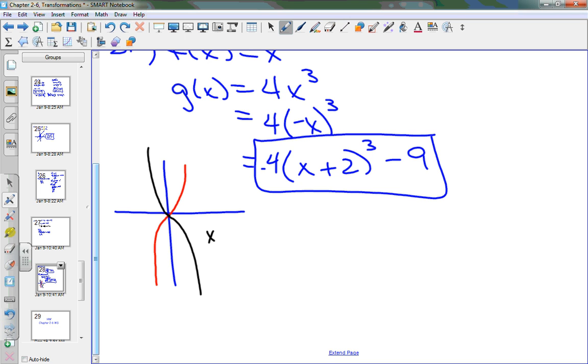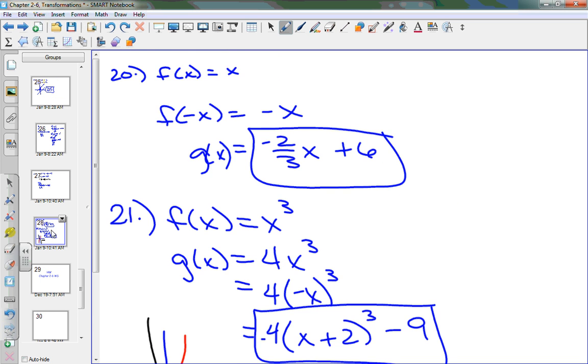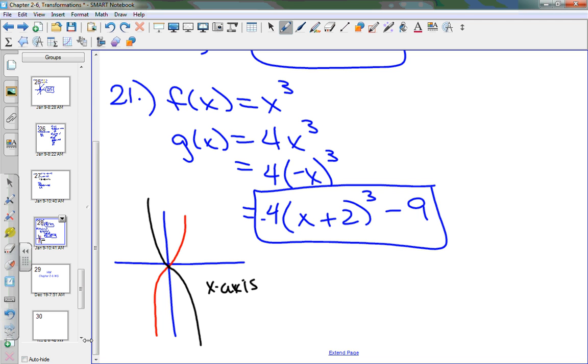This is folding over the x-axis. Now, what if I fold that red one over the y-axis? This red part in the first quadrant goes where? To this. Yeah. And then this red part in the third quadrant actually would go to the fourth quadrant. What do you notice?